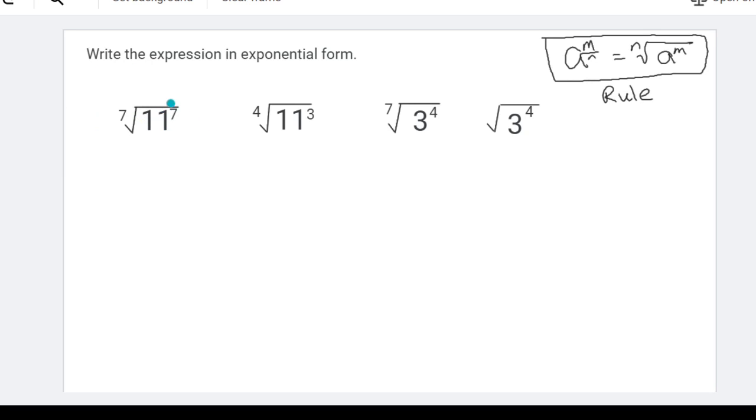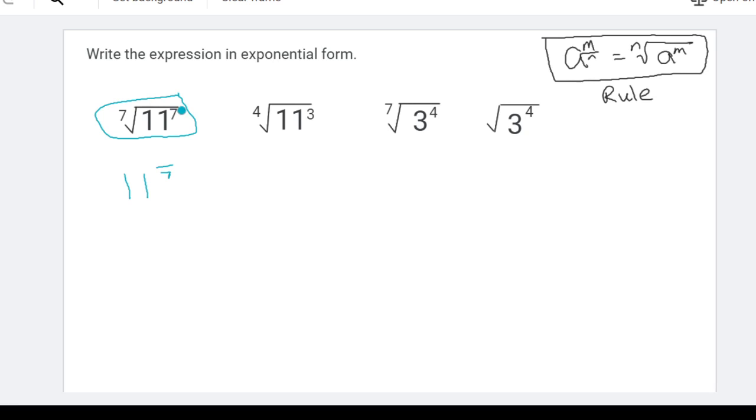Oops. So let's go ahead and let's start with this one that I'm circling in blue. Okay? So my base is going to be whatever my radicand is, the number under the radical. So I'm going to have 11 raised to some power. Now the index, the number outside of the radical, that becomes the denominator of the fraction.